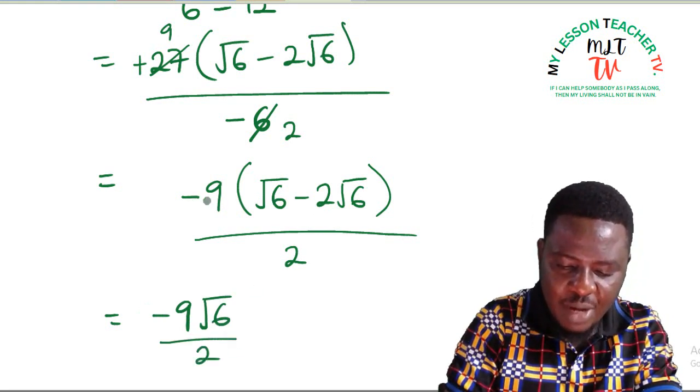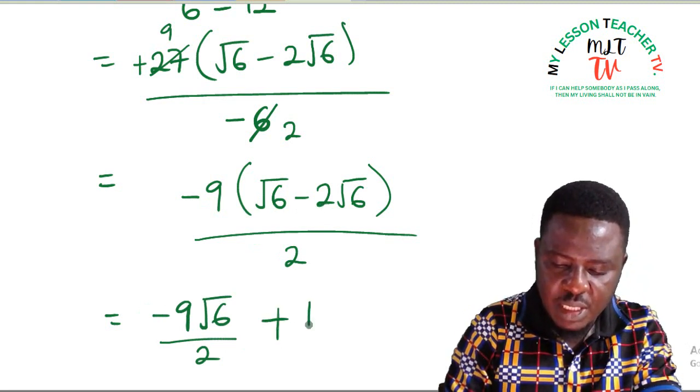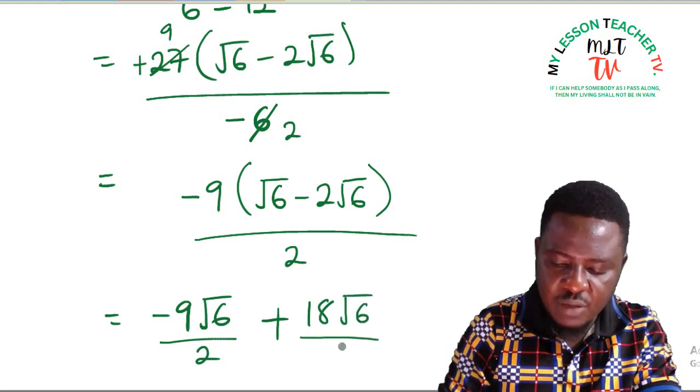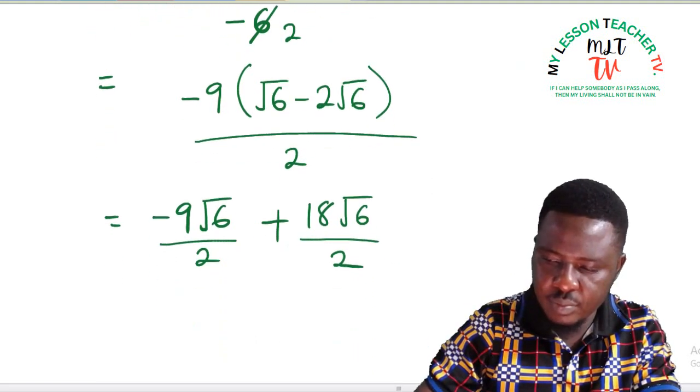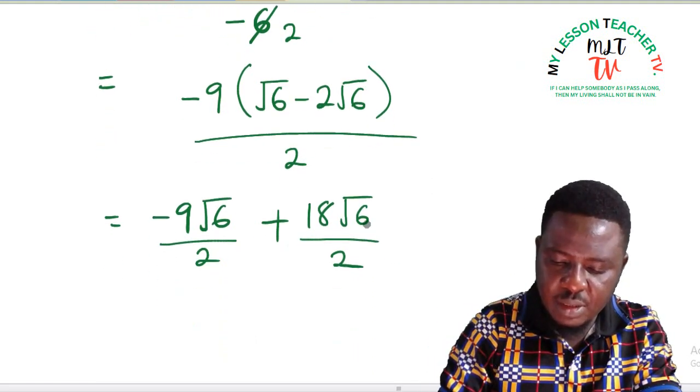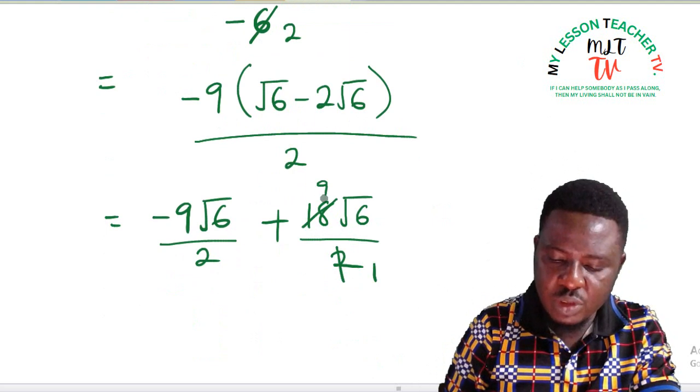When you multiply minus 9 by minus 2 root 3, it gives you plus 18 root 3 divided by 2, and 18 root 3 divided by 2 can be said to be 9 root 3.